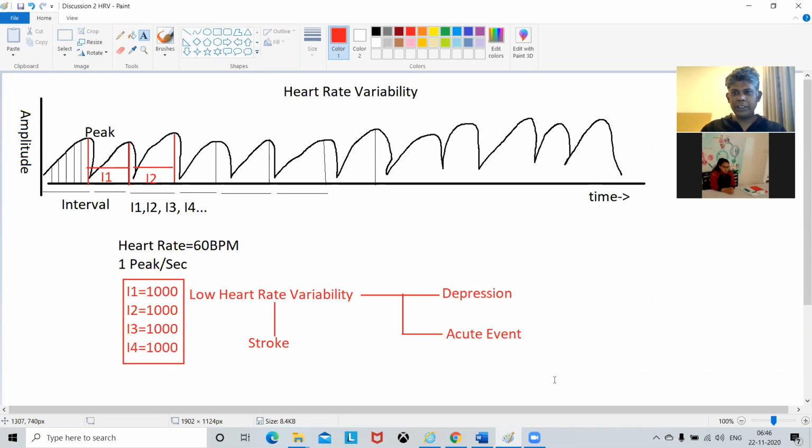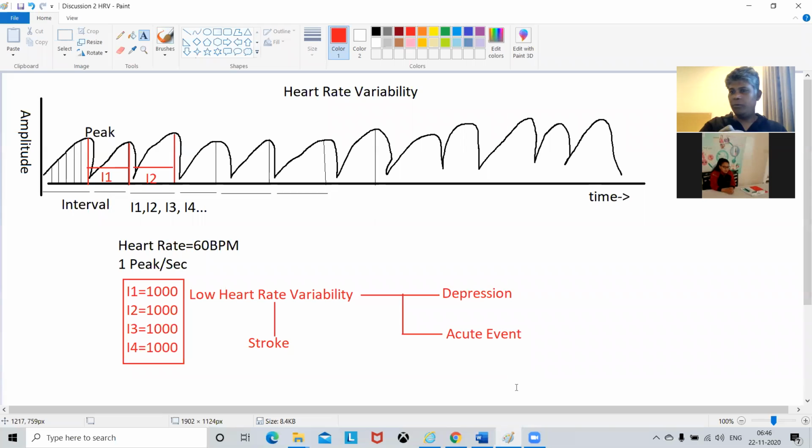So whenever we see the autonomic system is not responding, we have to understand that the body is going through either an acute event or a depression. The interesting thing to know is that any acute event in itself is a very depressing event. You don't think anything else. You are just lost in the thoughts, lost in the pain. A long period of depression might result in an acute event.